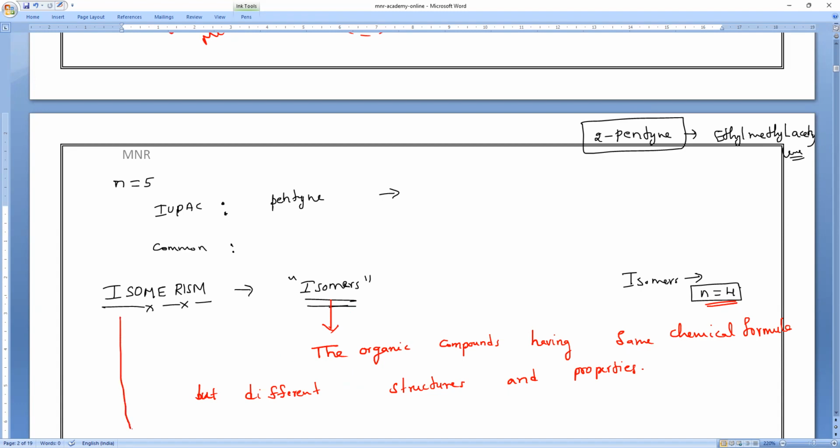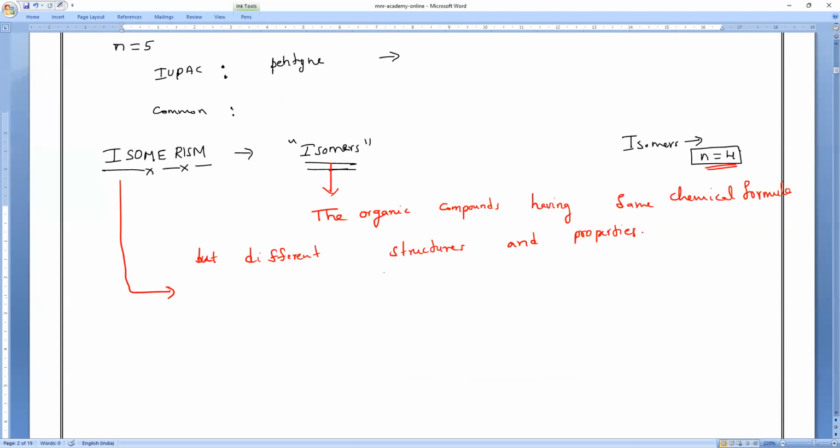Now, isomerism. What is this phenomenon called, isomerism? Write it.